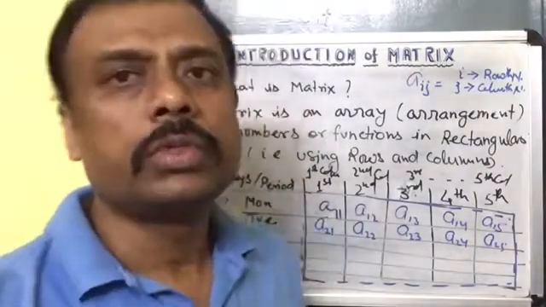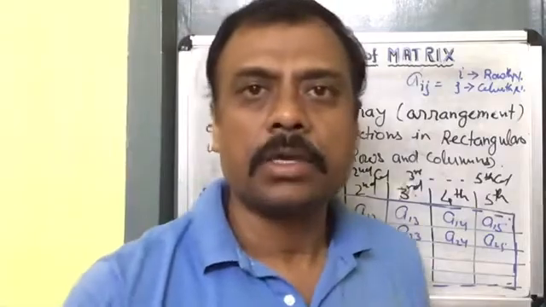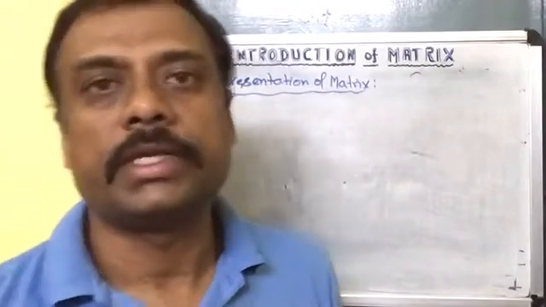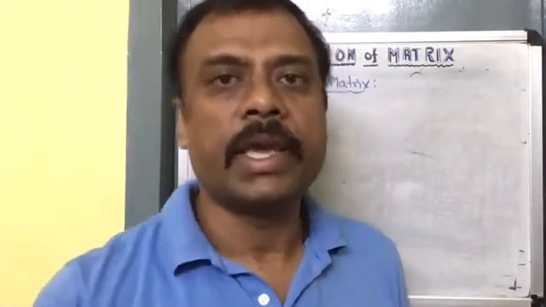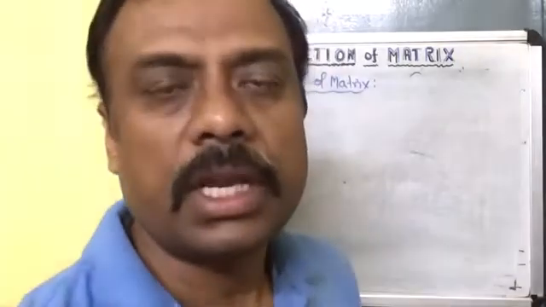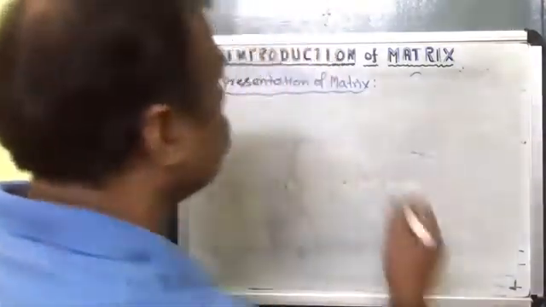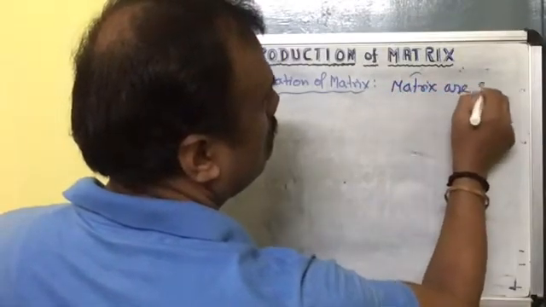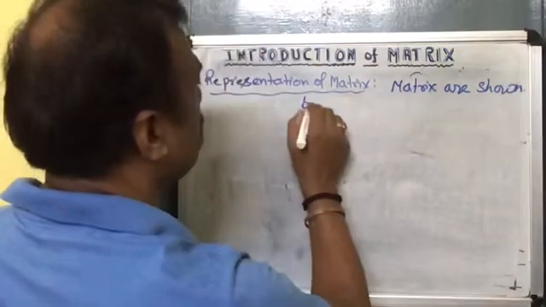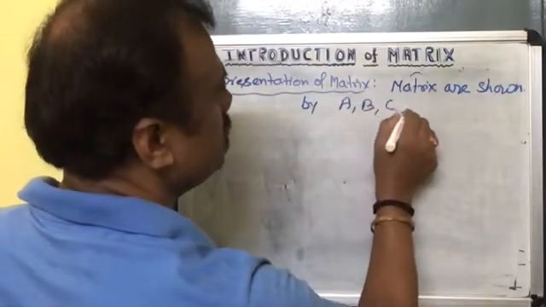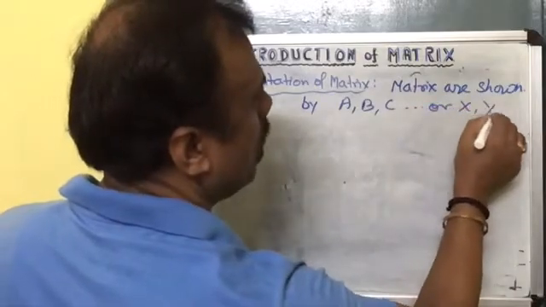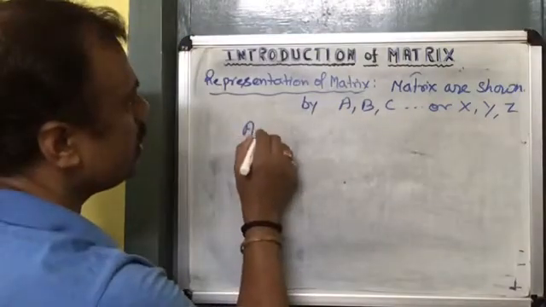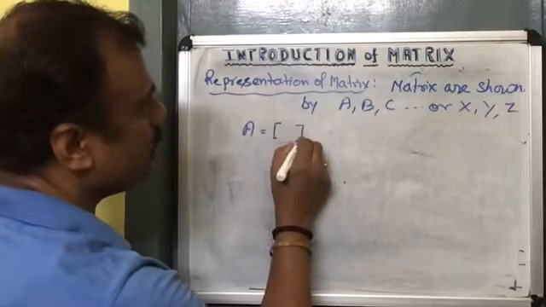Now, let us go to the representation of a matrix. How do we represent a matrix? We represent any matrix by a capital letter of the English alphabet. So, matrices are shown by A, B, C or X, Y, Z, etc. These are represented as A equals to, in this type of bracket.